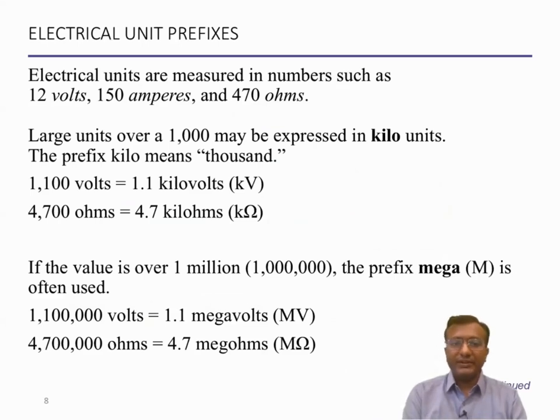Now this is an important slide. Here there is nothing but the conversion. As you know, these electrical units are measured in volts, amperes, and ohms. For example, 1 kilovolt is around 1000 volts. 1 kilo ohm is equivalent to 1000 ohms. 1 megavolt is equivalent to 1000 kilovolts.